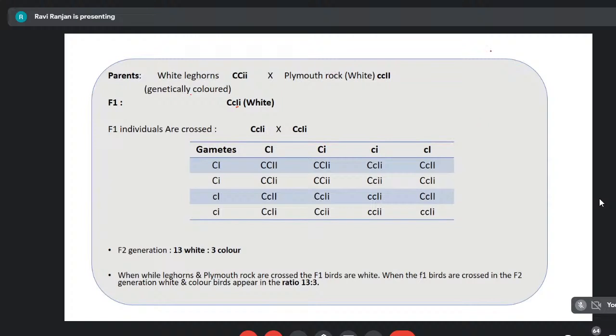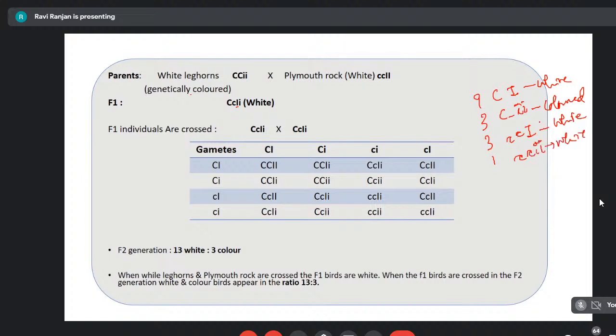So here, in the 9:3:3:1 ratio, capital C with capital I will give white color. Capital C with small i will give colored, right? But when you have small c with capital I, then also it will give you white. And when it is small c, small i, then also it will give you white.